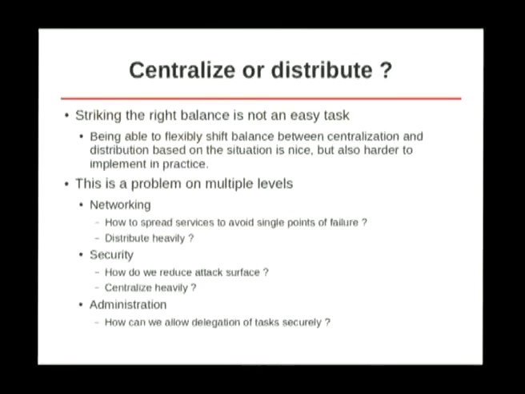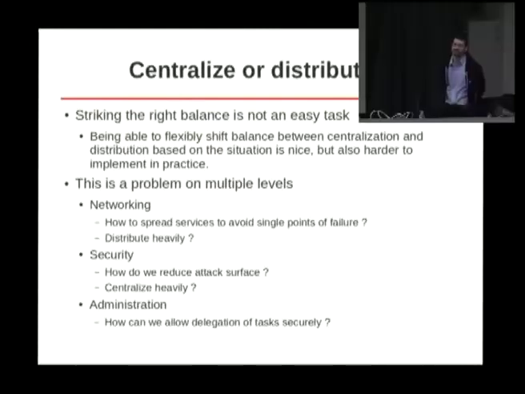Ideally, you would like to be very flexible in how you build a system, so that if the situation changes, you can change the way you manage things. Unfortunately, embedding this flexibility in something that deals with security and with authorization and authentication is not very easy. So there are very hard choices to make, and often they have to be made well in advance when you try to architect things. You cannot make these changes later.